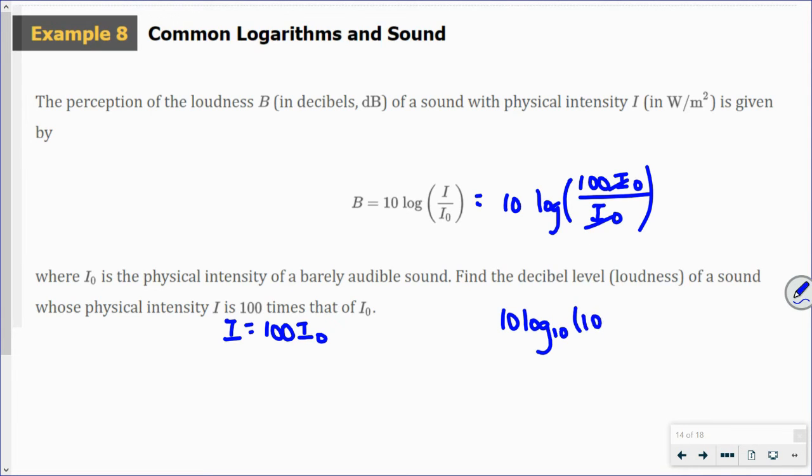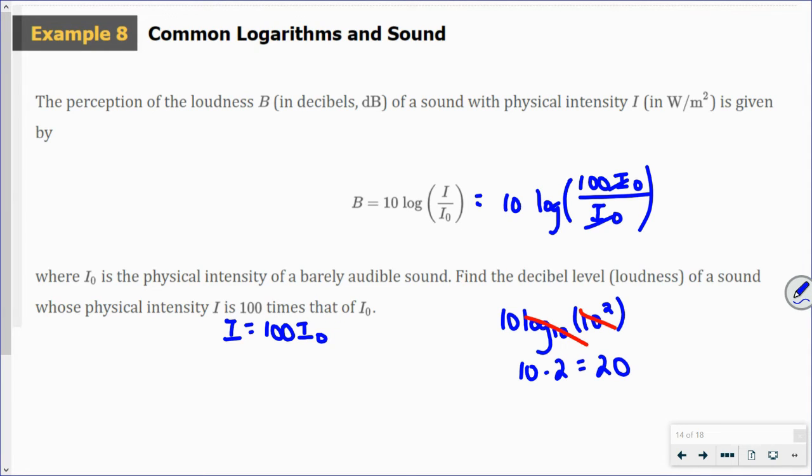Well, 100 is 10 squared. One of our properties here is that I have base 10 log and I have an exponential with base 10, so these are actually going to cancel each other out and you get 2. So now we have 10 times 2, which is 20.